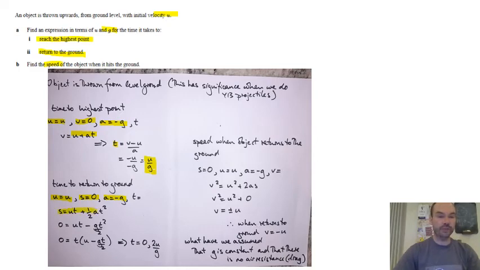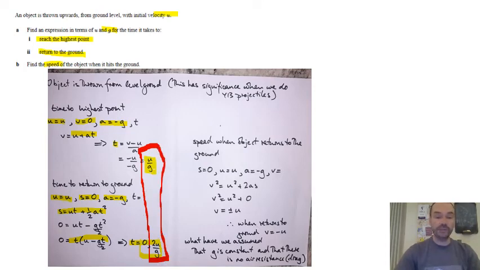If you use this equation, and substitute carefully, we get this. Why not check you know why those are the 2 possible answers? And so, the time to return to the ground is the second one, 2u upon g. And as some of you might have hoped to see, that is double the first answer.